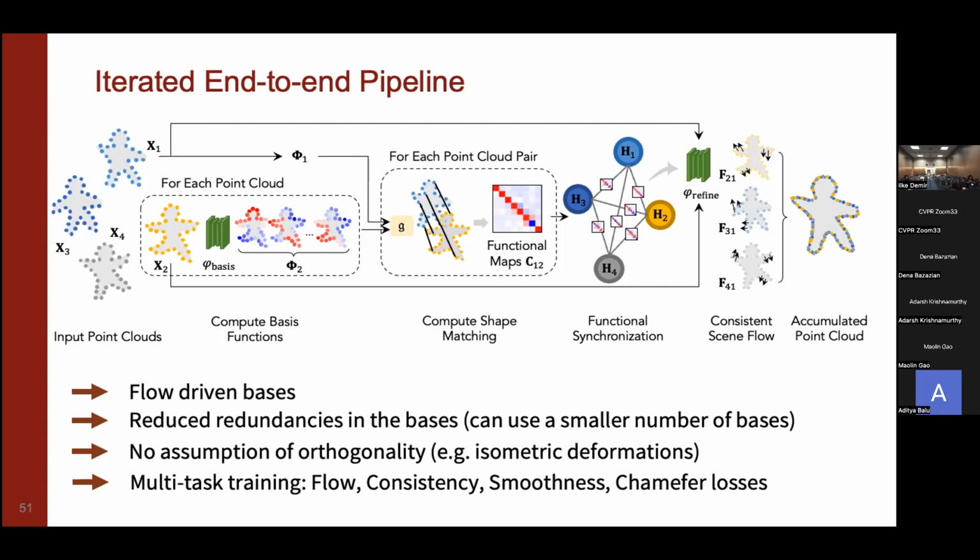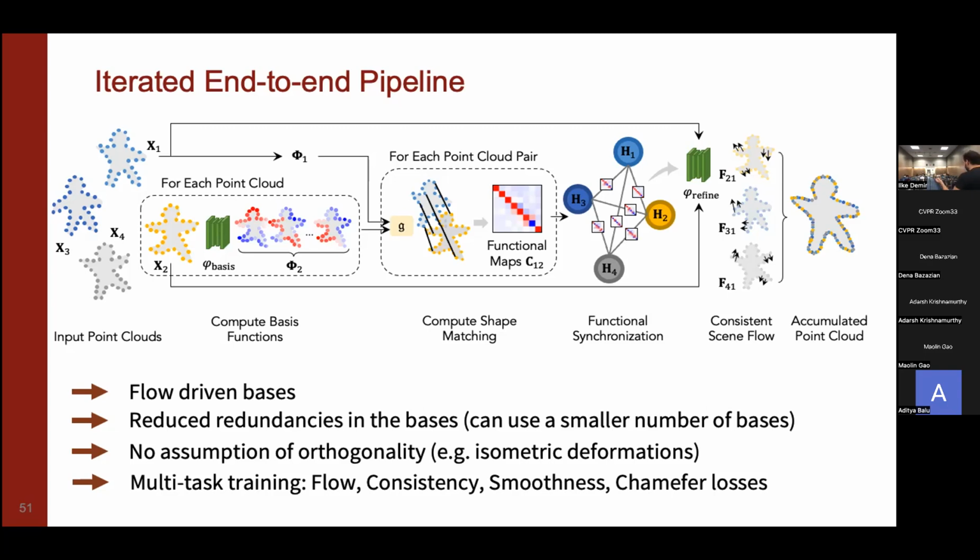Actually not, because in this scenario we found that learned bases can have less redundancy, can be more general than orthogonal bases, and can explain the shape with fewer bases. Performance-wise also.